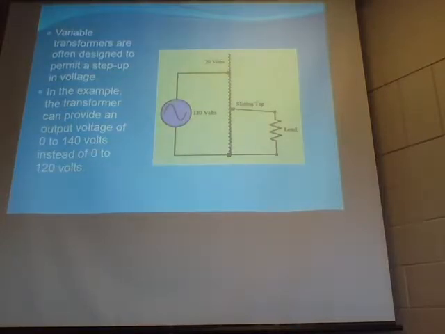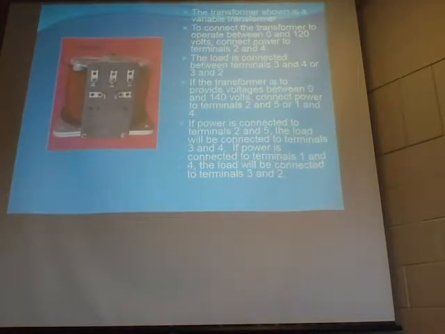Variable transformers are often designed to permit a step up in voltage. In this example, the transformer can provide an output voltage of 0 to 140 volts instead of 120. So your primary is 120 volts, but there's an extra 20 volts available if you go past there. This transformer is a variable transformer.